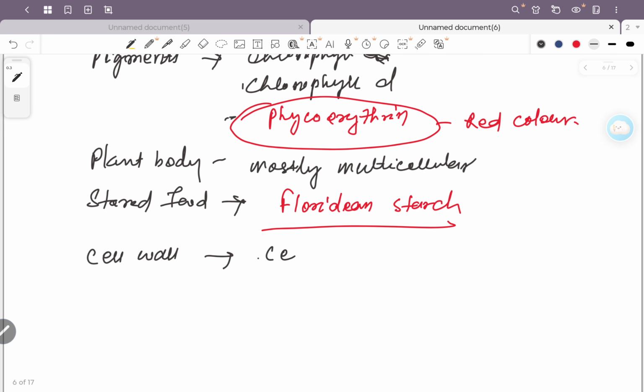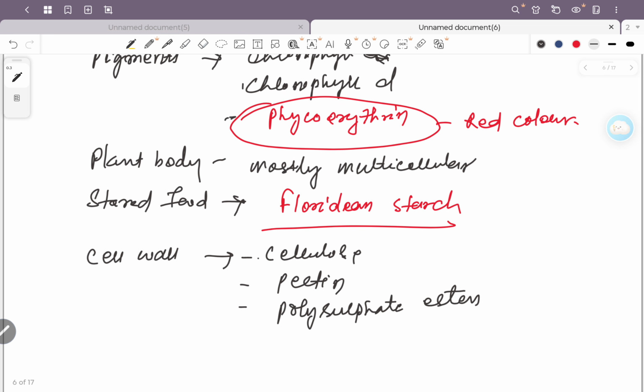It contains cellulose, pectin, and polysulfate esters. So these are the composition of the cell wall.